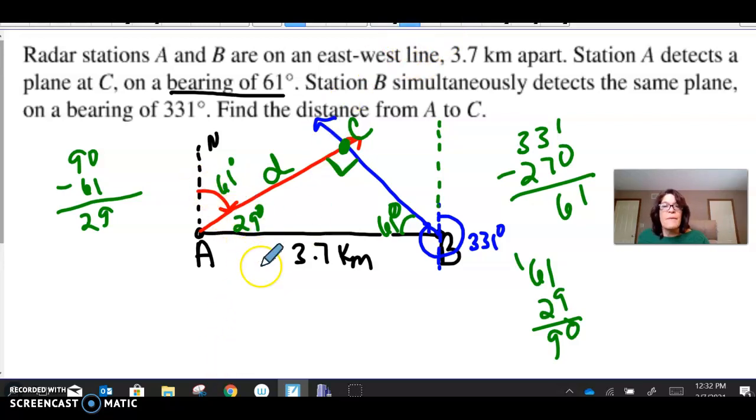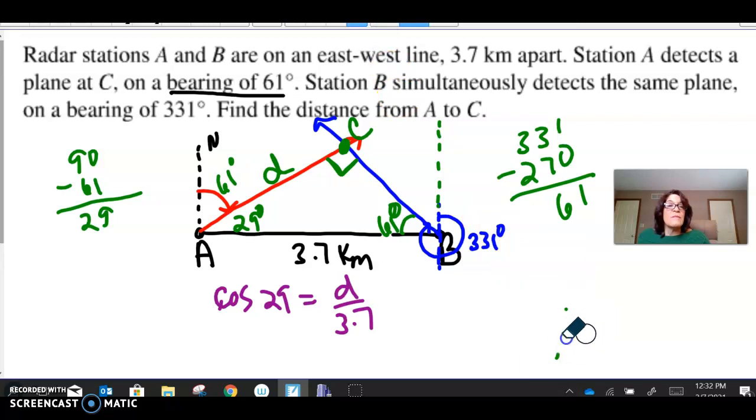But basically, if I want D, there are several ways to find it. I'm going to use the 29-degree angle, and I know that the cosine of 29 is adjacent over hypotenuse.